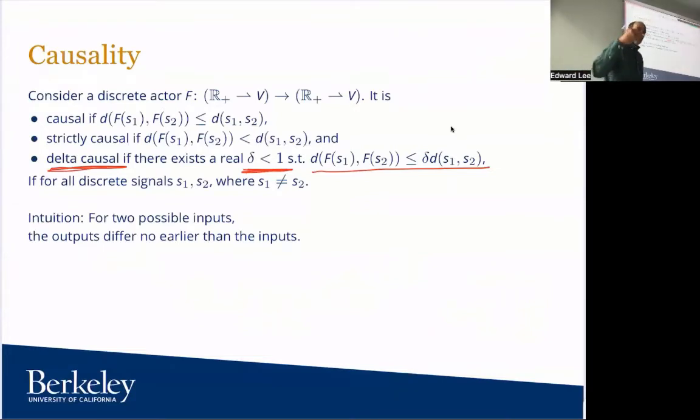And what this means from a practical perspective is that you have a Lingua Franca reactor where there's a delay, a logical delay on the output. So the output is dependent on inputs only at earlier, strictly earlier times. Okay, and never at exactly the same time.